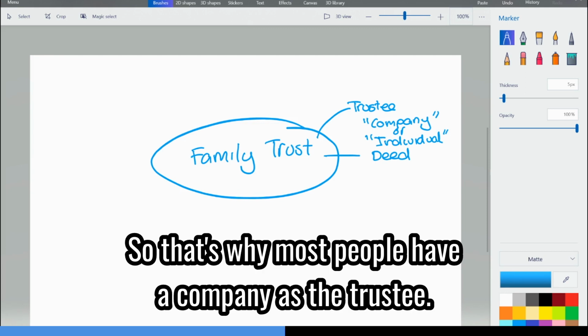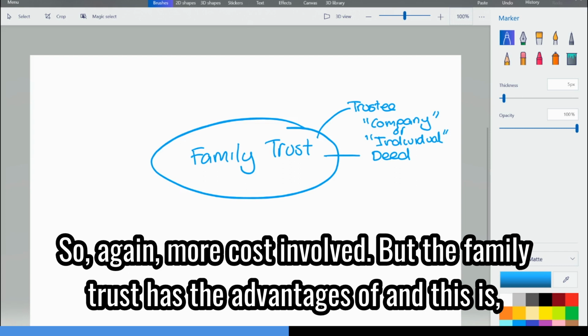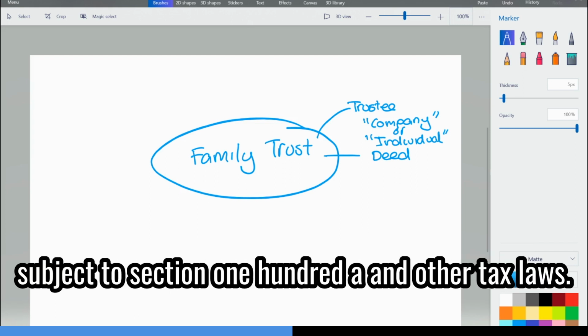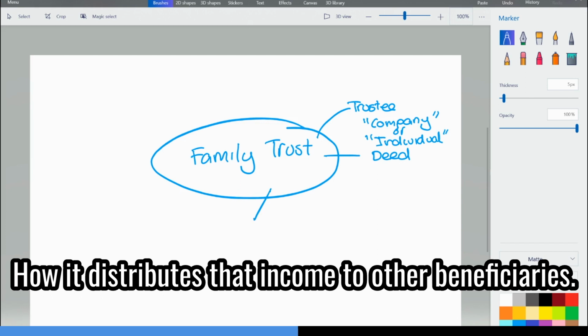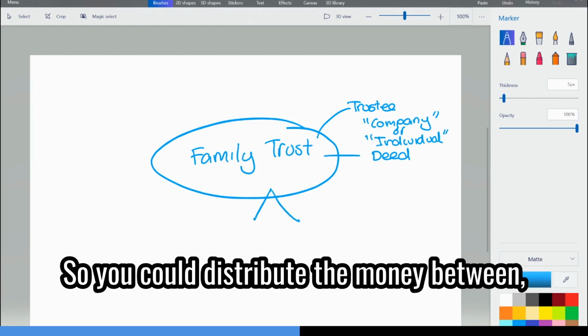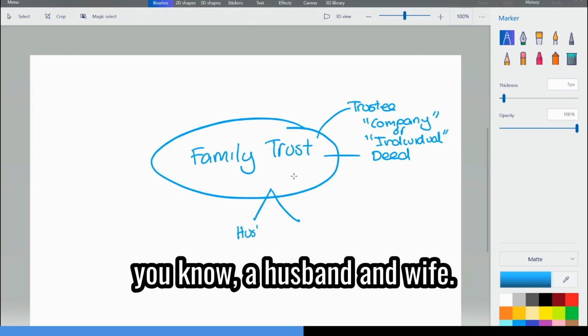That's why most people have a company as the trustee. So again, more costs involved. But the family trust has the advantages of, and this is subject to Section 100A and other tax laws, how it distributes that income to other beneficiaries. So you could distribute the money between a husband and wife.